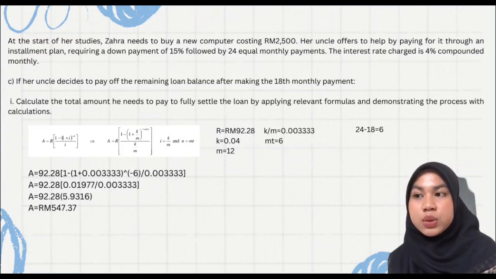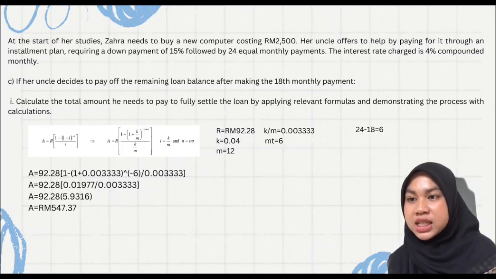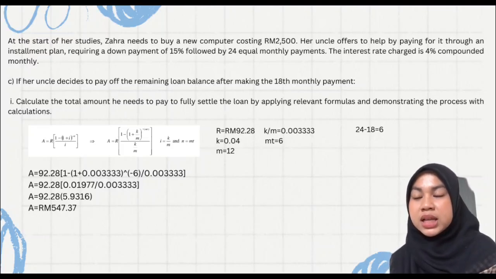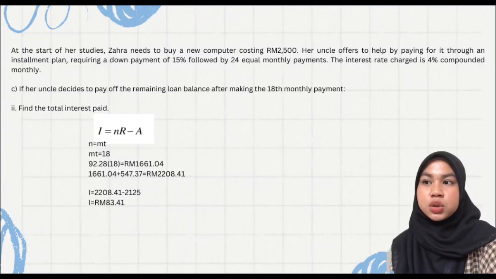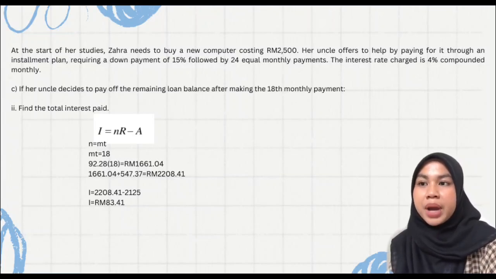A equals 92.28 times 0.01977 per 0.003333. A equals 92.28 multiply 5.9316. A equals 547.37 ringgit. So for question C, second Roman, we use I equals NR minus A.